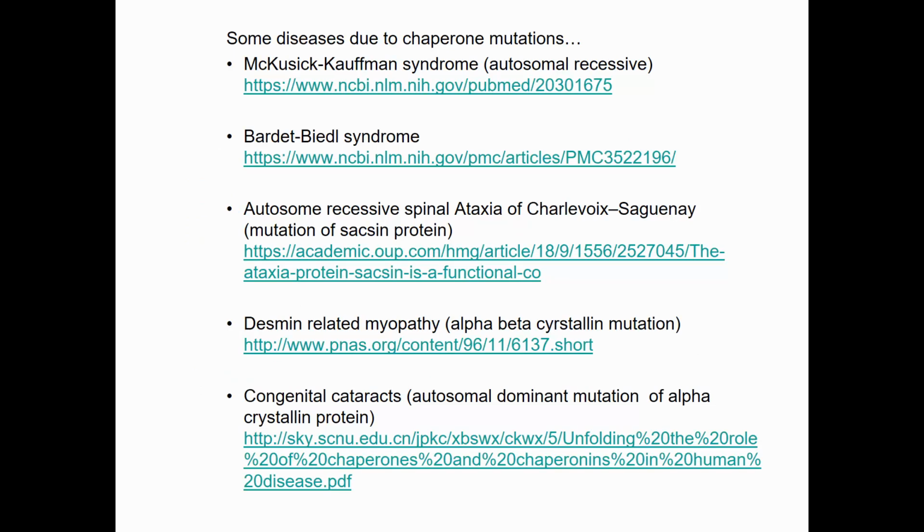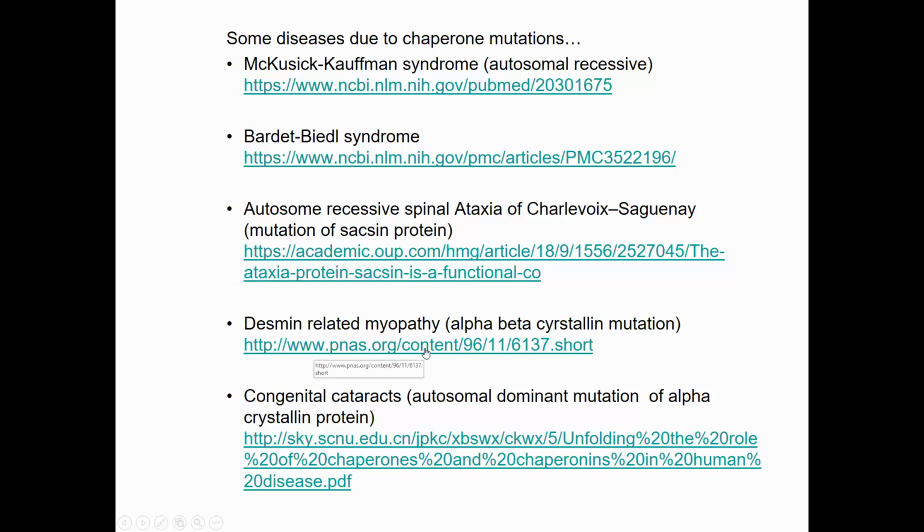So here are a whole bunch of websites, and you can go look at them if you like. So McKusick-Kaufman syndrome. It's an autosomal recessive syndrome where there's a chaperone mutation. Bardet-Biedl syndrome is another chaperone mutation. Here's an ataxia condition where the mutation is a protein in the nervous system. Here's a myopathy.